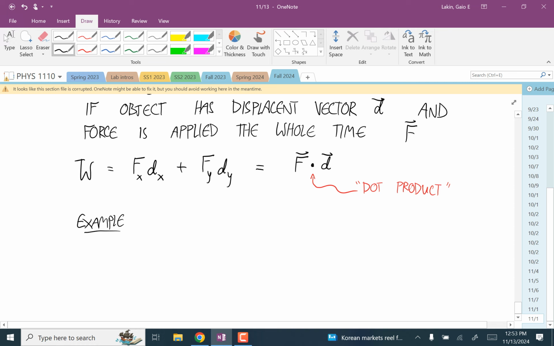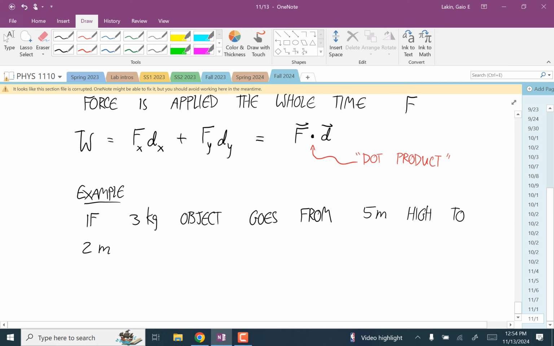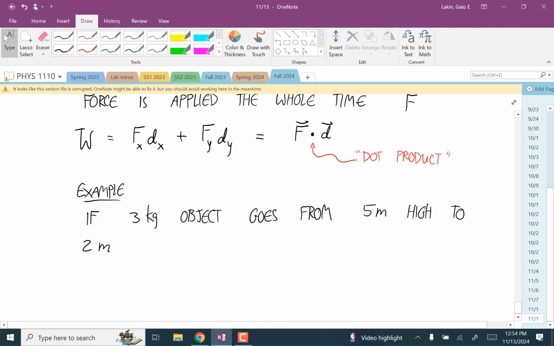So let's say if a 3 kilogram object goes from a height of 5 meters to a height of 2 meters, what's the work done by gravity?